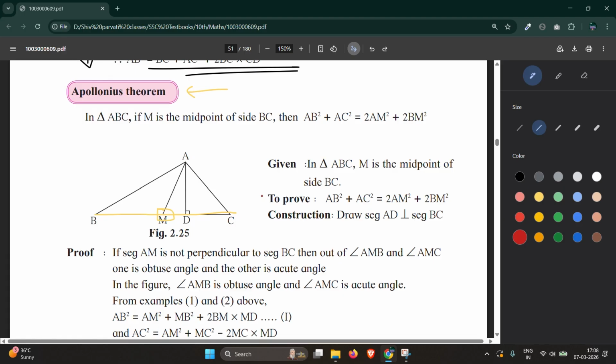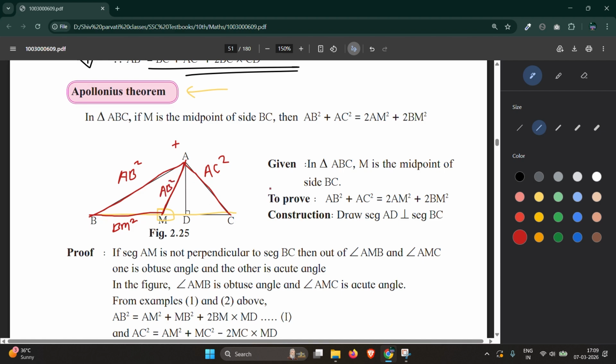So if M is the midpoint, then AB squared plus AC squared, the other side, is equal to 2 times AM squared, which is the line from A to the midpoint of BC, plus 2 times BM squared, so this line over here.